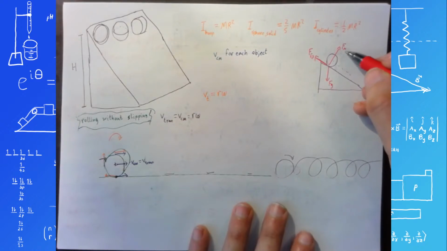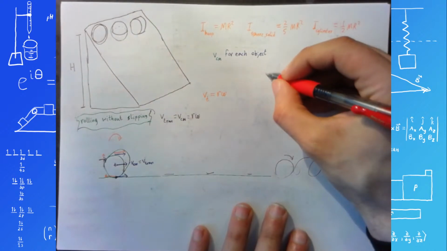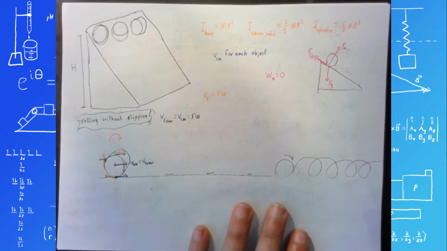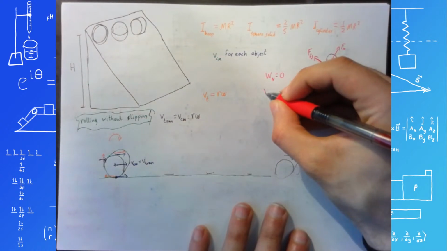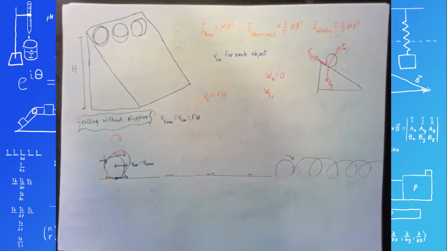So normal force times whatever this displacement is times cosine of 90, work done by the normal force is 0. Work done by gravity, that's conservative, so we don't even need to worry about that. What about work done by the static friction force? Well, by definition, we said rolling without slipping, right?